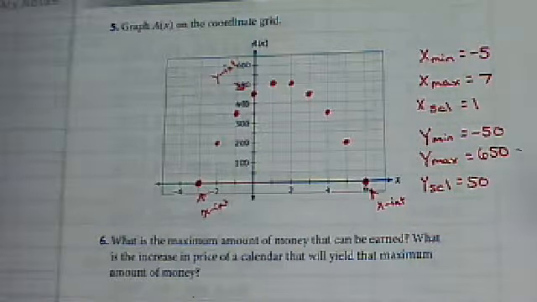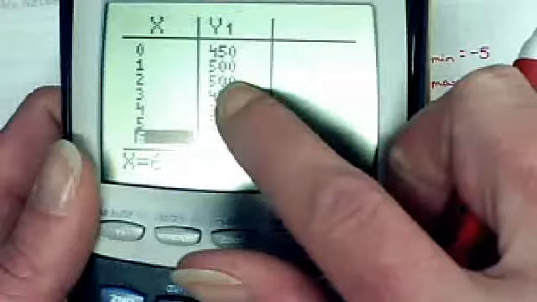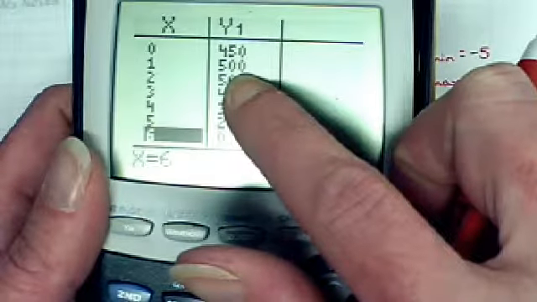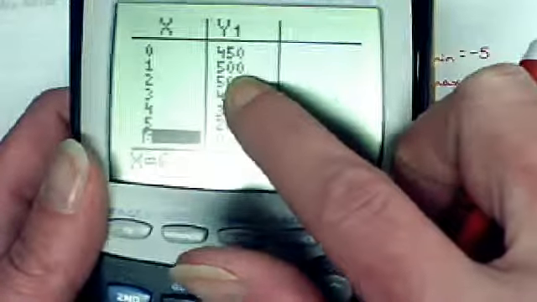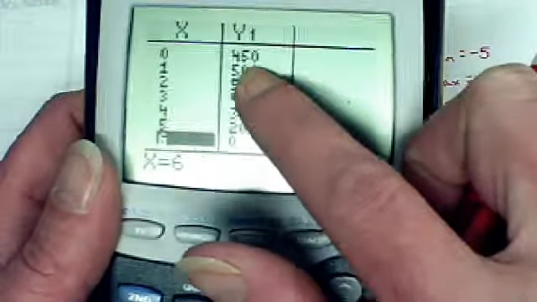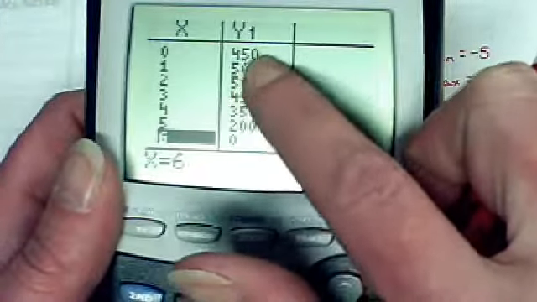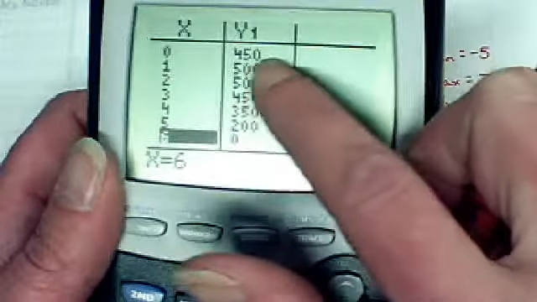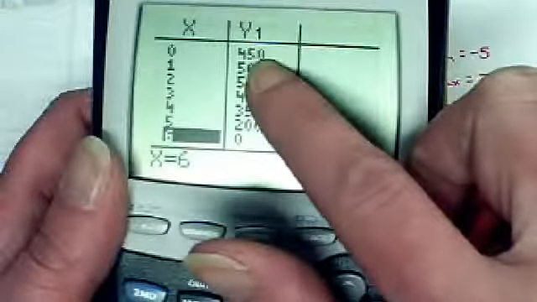And remember, we talked about those maximum points, but it didn't show up on my table. We had a like 500 and then 500. I think it's right in between there. So there's a couple of ways I could find that vertex that's right in between there.